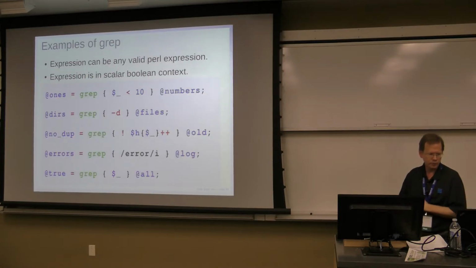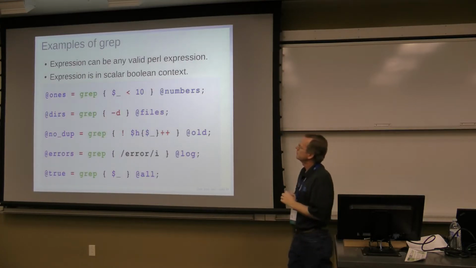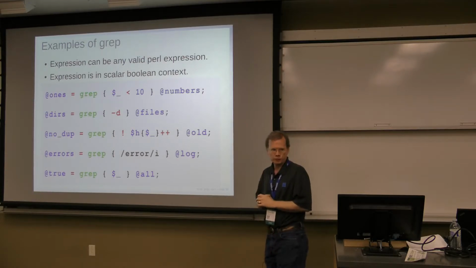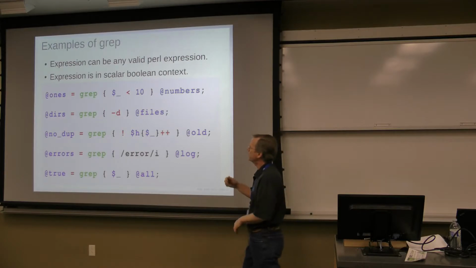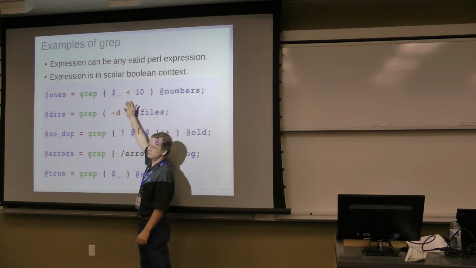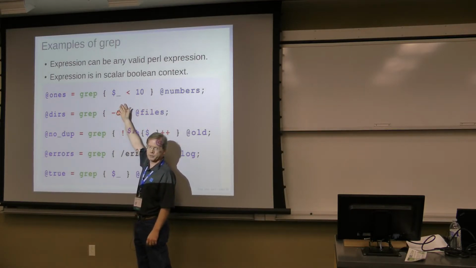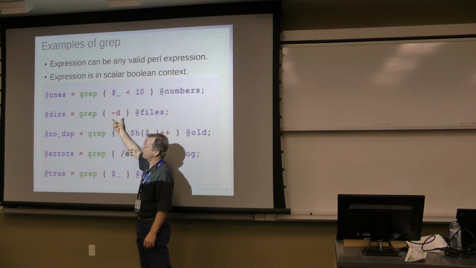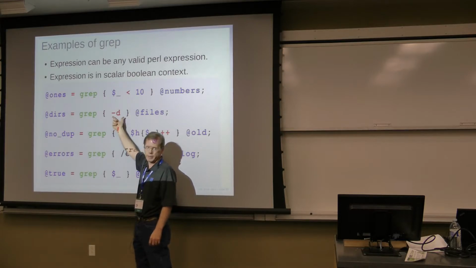So some examples of Grep. We can have anything in that code block. It will evaluate it in scalar Boolean context. So we can have a regular comparator type expression. Or we can have a file test: is this a directory?